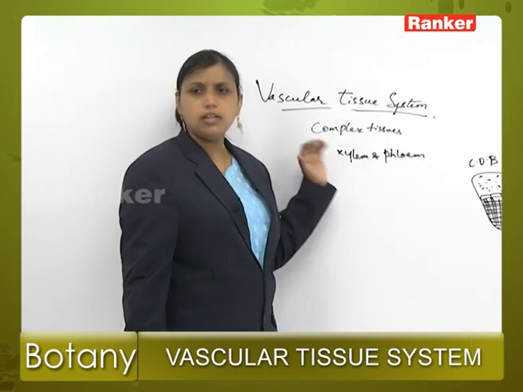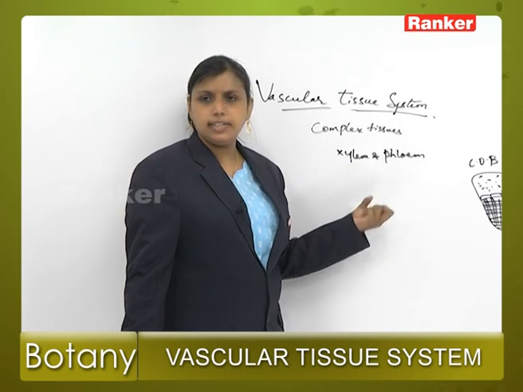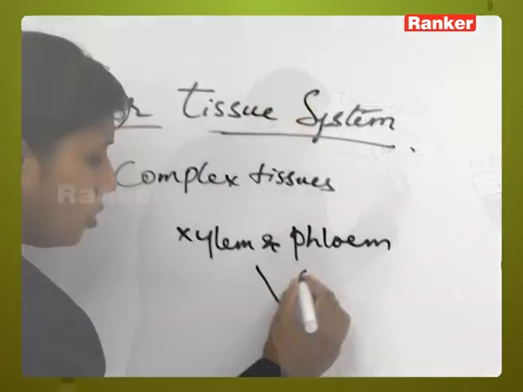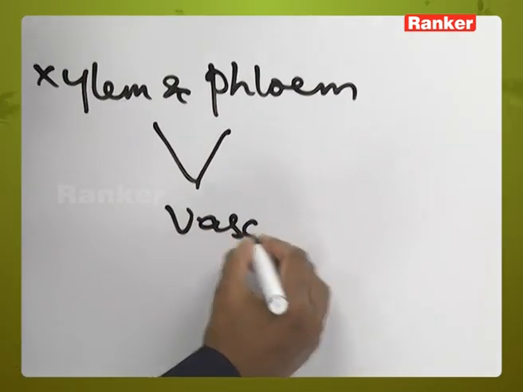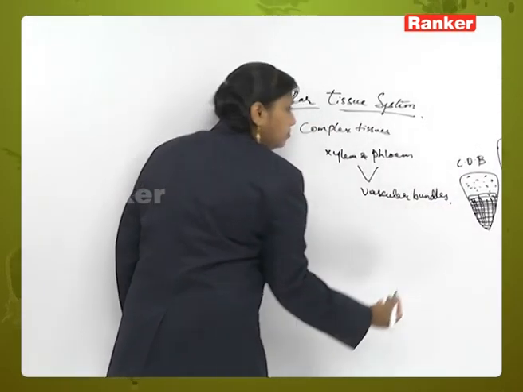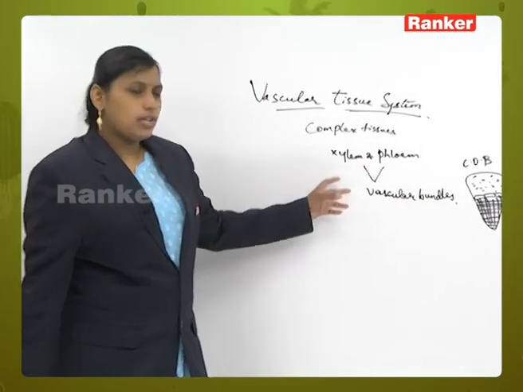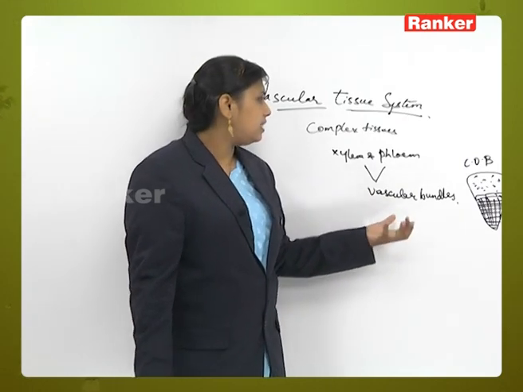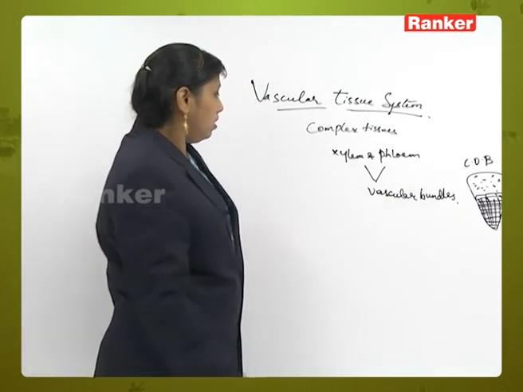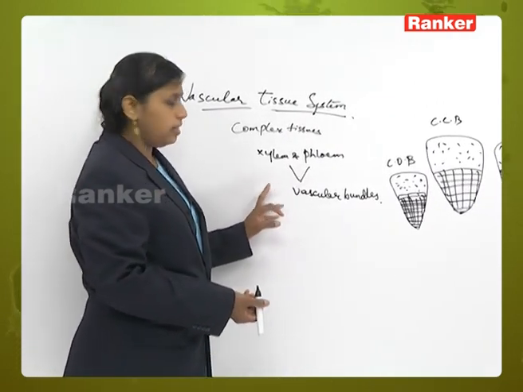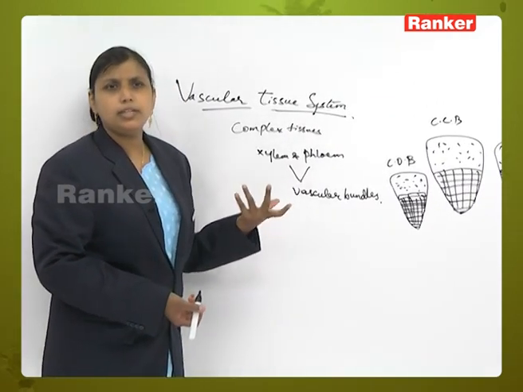Complex tissue is an integrated arrangement, arranged in the ground tissue in the form of vascular bundles. These vascular bundles are basically primary in structure, and are meant for the conduction of water and food materials.